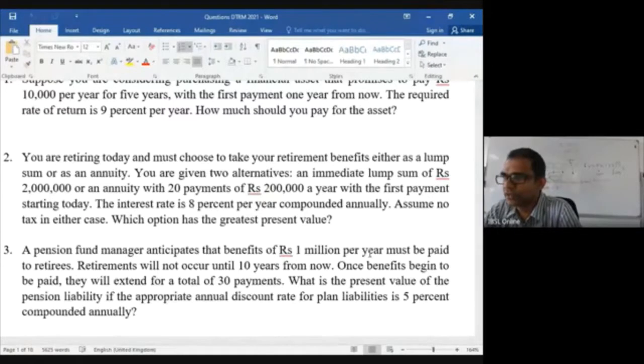Can you see the Word document? This is the question. You are given two alternatives, an immediate lump sum of rupees 2 million or annuity with 20 payments of rupees 200,000 a year with the first payment starting today. The interest rate is 8% per year compounded annually. Assume no tax in either case. Which option has the greatest present value?